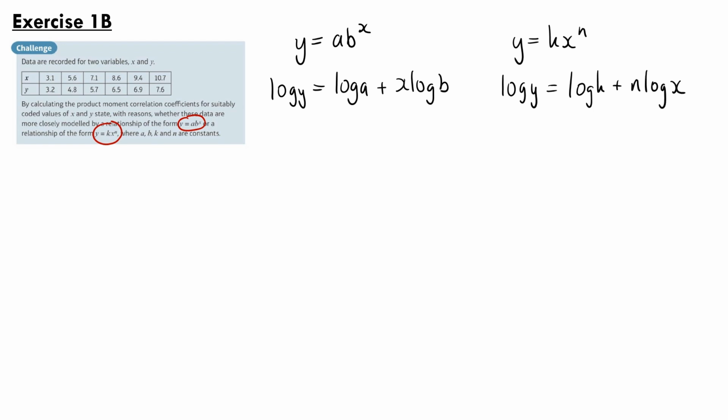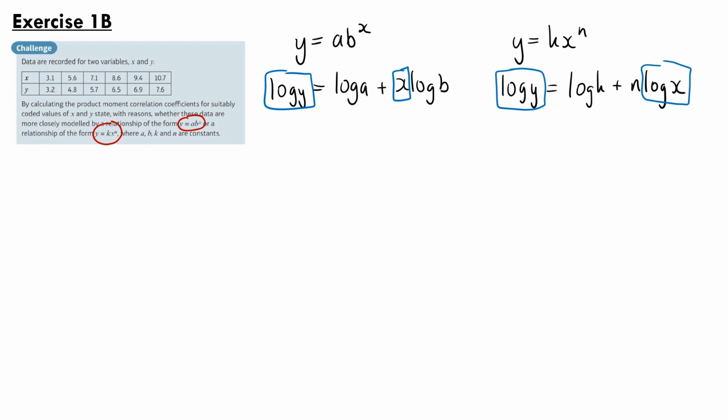Now, thinking really carefully about what our variables are, we've got log of y on both sides. The other variable on the left-hand side is x, which remains as x. On the right-hand side, we're going to have log of x instead. So we can see where these two different models are coming from: one is log of y against x, and the other is log of y against log of x.